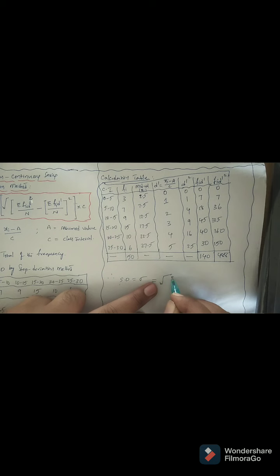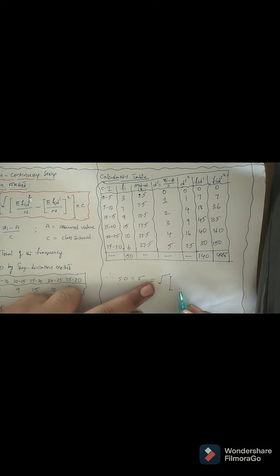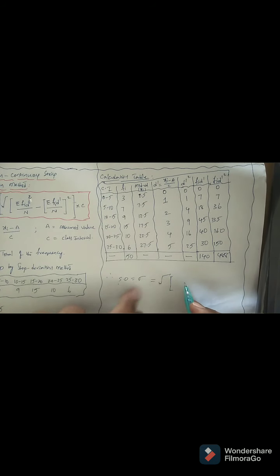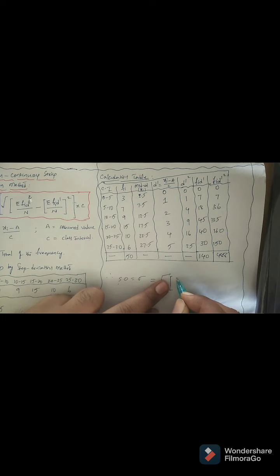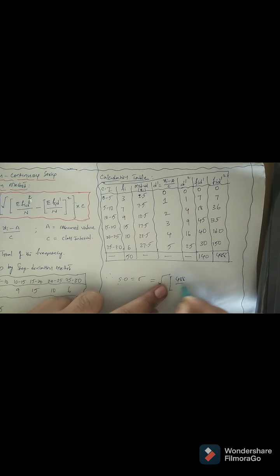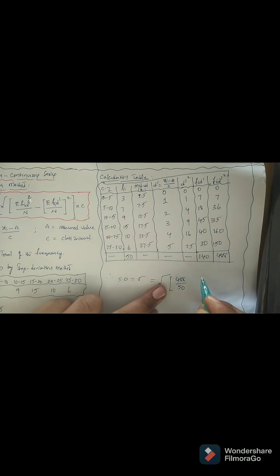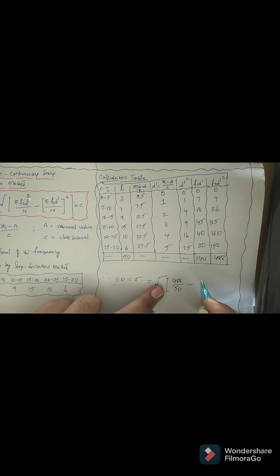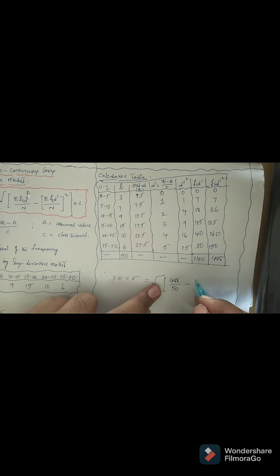Under square root of sigma Fi d dash square, so how much you got? 488 by 50 minus 140 by 50 for this square.